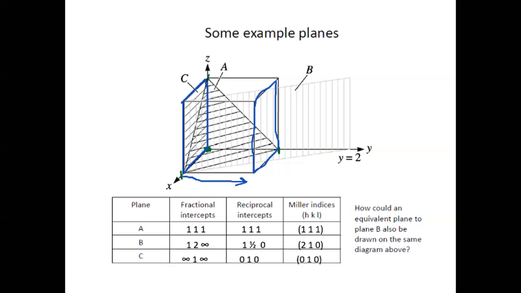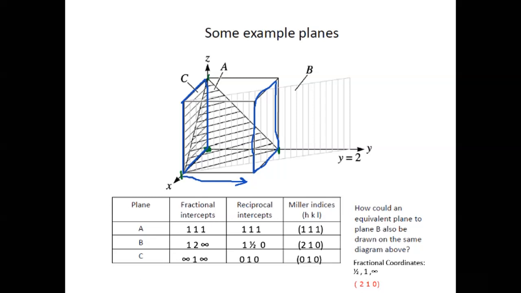Now, how could an equivalent plane to B also be drawn on the same diagram above? B, remember, was the 2, 1, 0 plane. We can also draw an equivalent plane if we have the following set of fractional intercepts. If we have the fractional intercepts 1/2, 1, infinity, we would also generate the same reflection plane. So we would get 2, 1, 0.